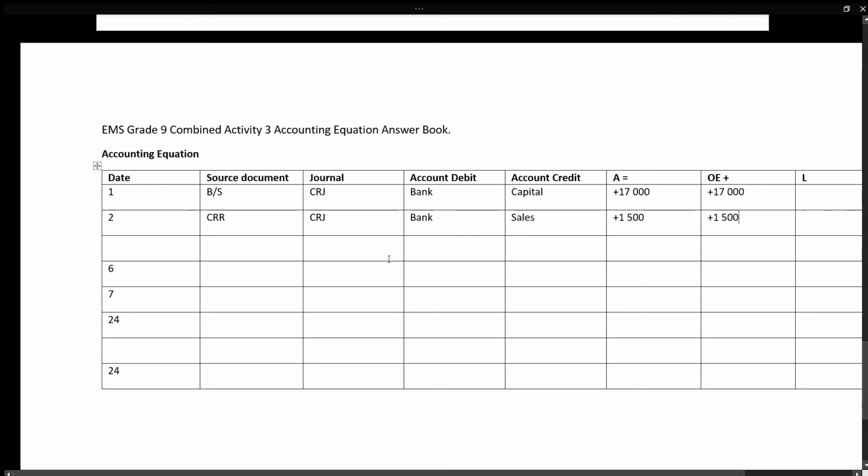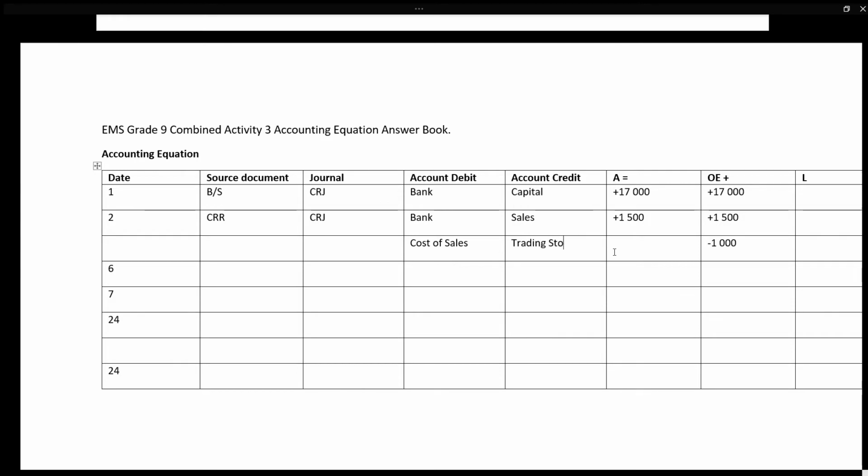Right, now the second part of this transaction. To make money I also need to spend money. To have sales I also had cost of sales. Cost of sales is an expense account, and expenses will increase in the debit side, and expenses will always have a negative influence on my owner's equity. Then also my trading stock will decrease.